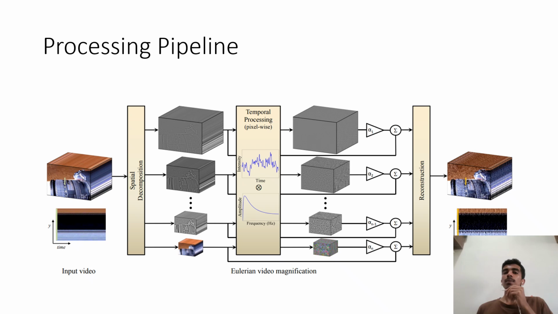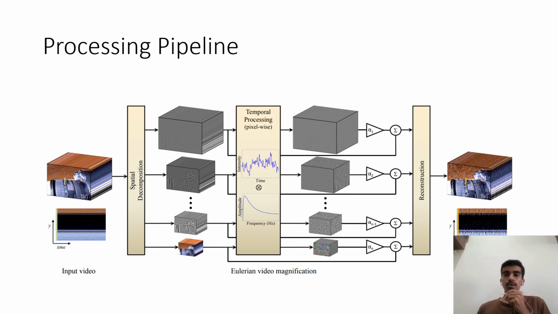For example, if you are looking for a pulse that we are considering between 1 to 2 hertz, this step removes the static background, ignores high frequency noise, and isolates only the specific motion that we want to see, amplifies it, and then adds it back. This way, only the required signal is amplified, by multiplying it by a gain factor alpha and then adding it back to the signal.